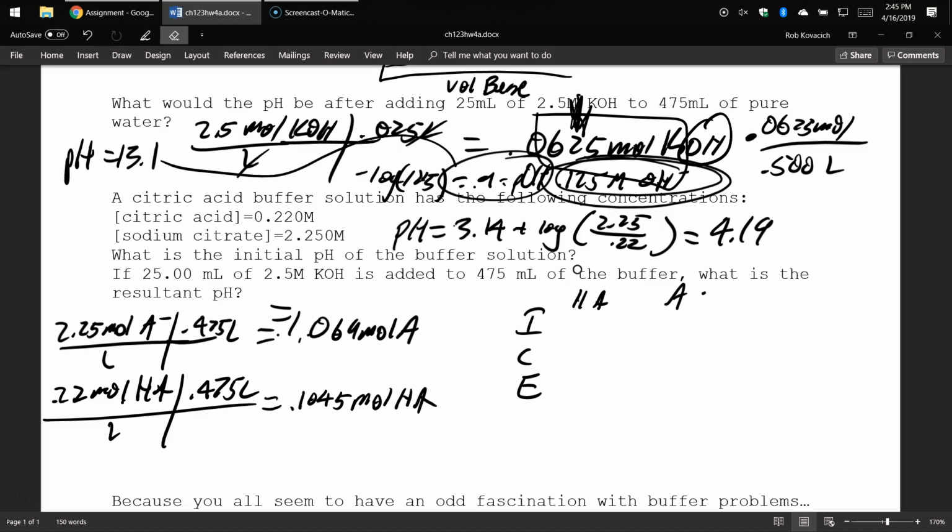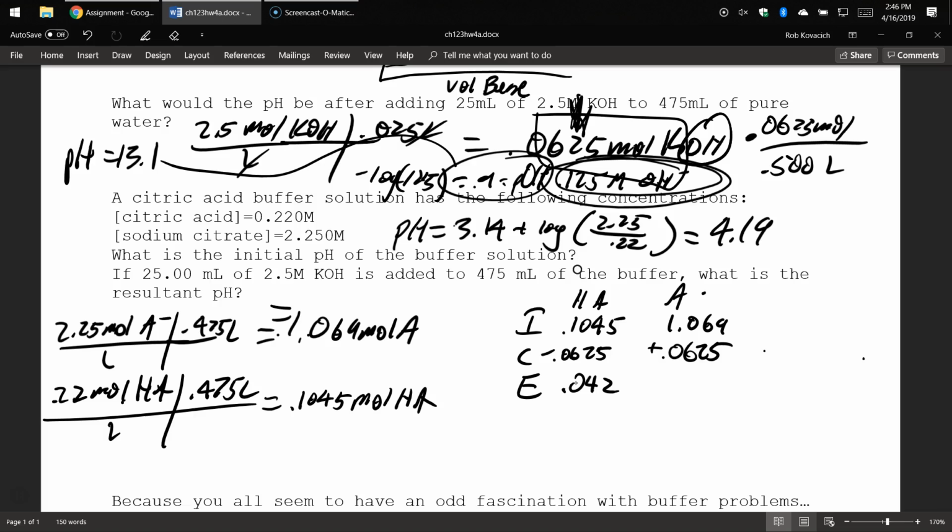If this is 0.1045, this one's 1.069. Okay, so I'm putting in a base. What's the base going to react with? The acid or the base? Okay, so that means I'm going to lose 0.0625 moles of my acid, but I'm going to gain exactly that much base because the acid's going to turn into the conjugate base.